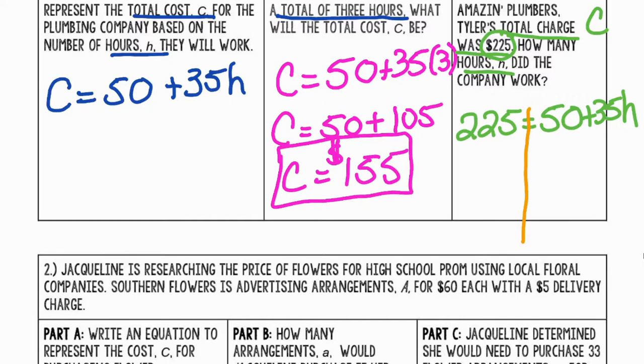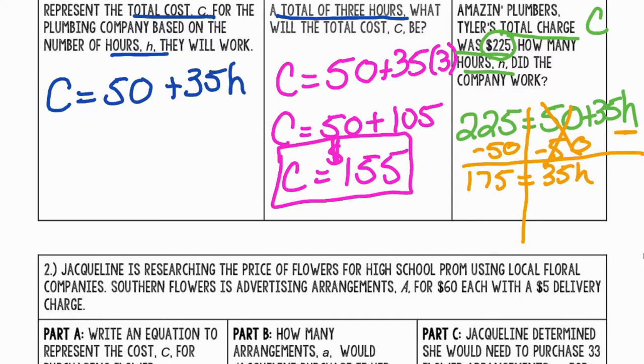So I'm looking here and I want my H by itself. There's a 50, so I need to subtract the 50 on both sides. Well, 225 minus 50 is 175. This is gone, and I'm left with 35H. The next thing I need to do is get my H by itself. So what am I going to do?